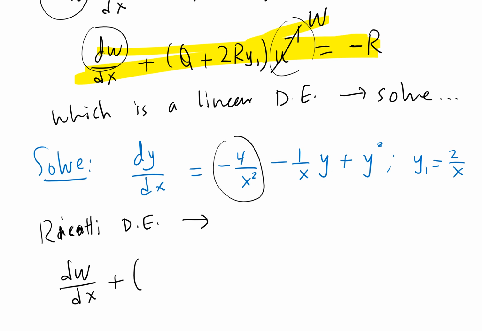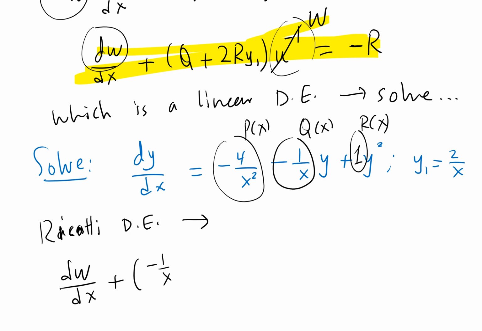This is p(x), this is q(x), this is r(x). So q(x) is negative 1 over x, plus 2. r is 1. And y1, what is y1 here? It's given, 2 over x. The right side is w equals negative r.